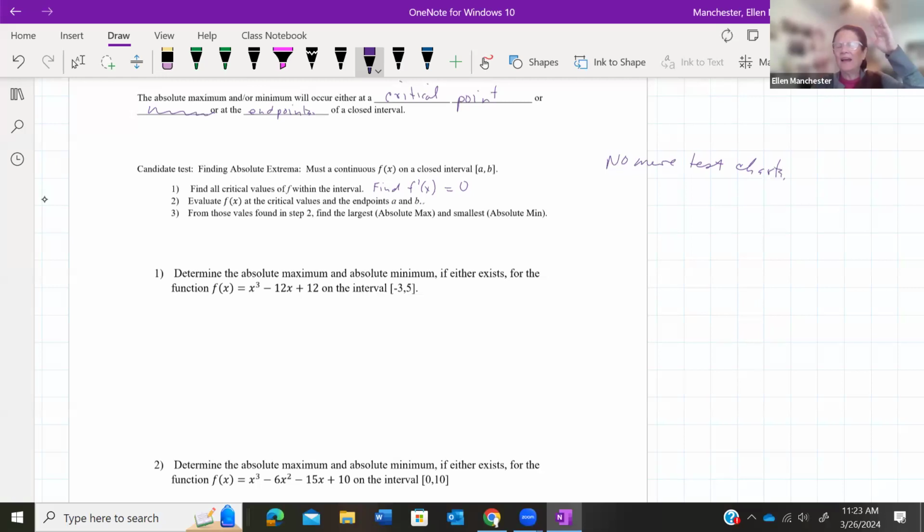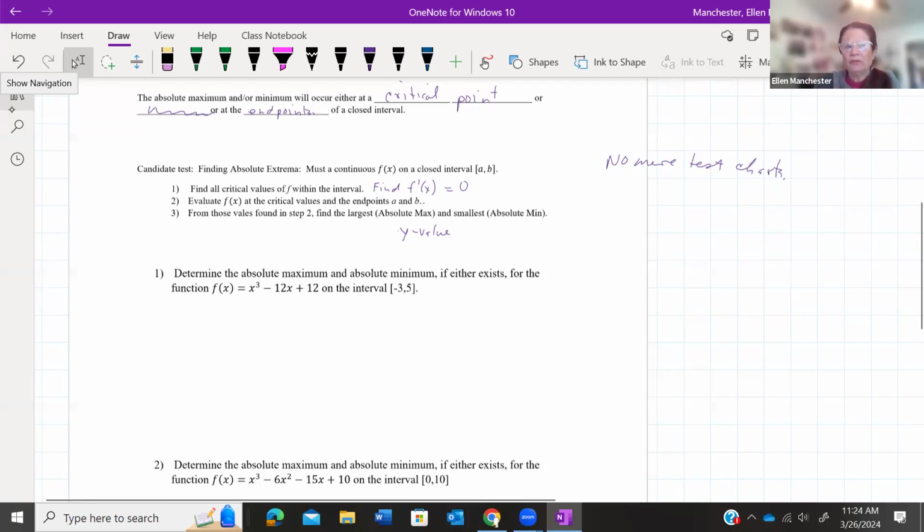So it eliminates all that middle ground. Once we evaluate, we just look at the y values. The y values are our largest and our smallest value once we plug in our critical points and our endpoints. Okay, so here's how this works.